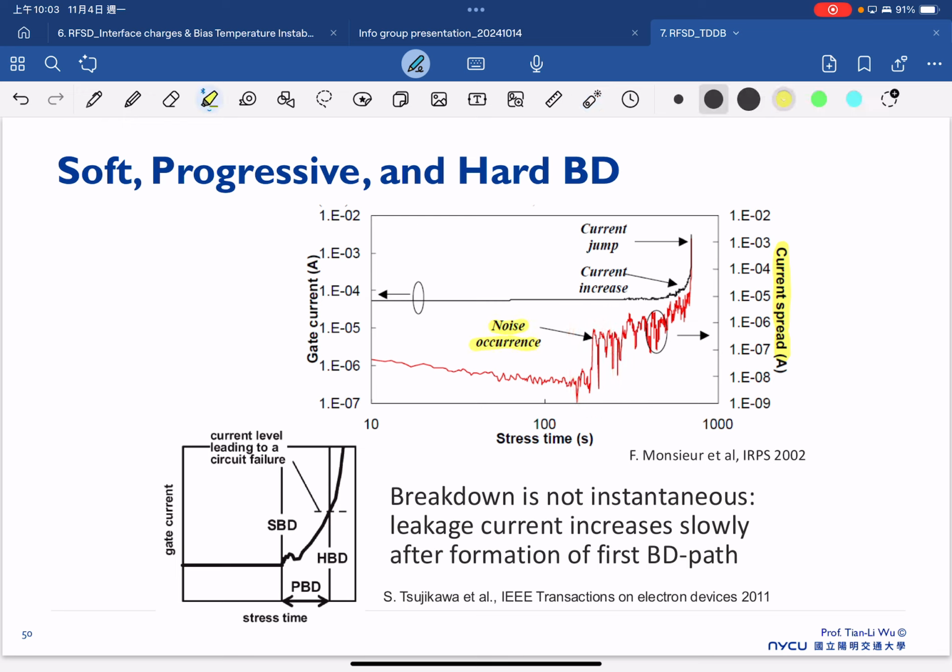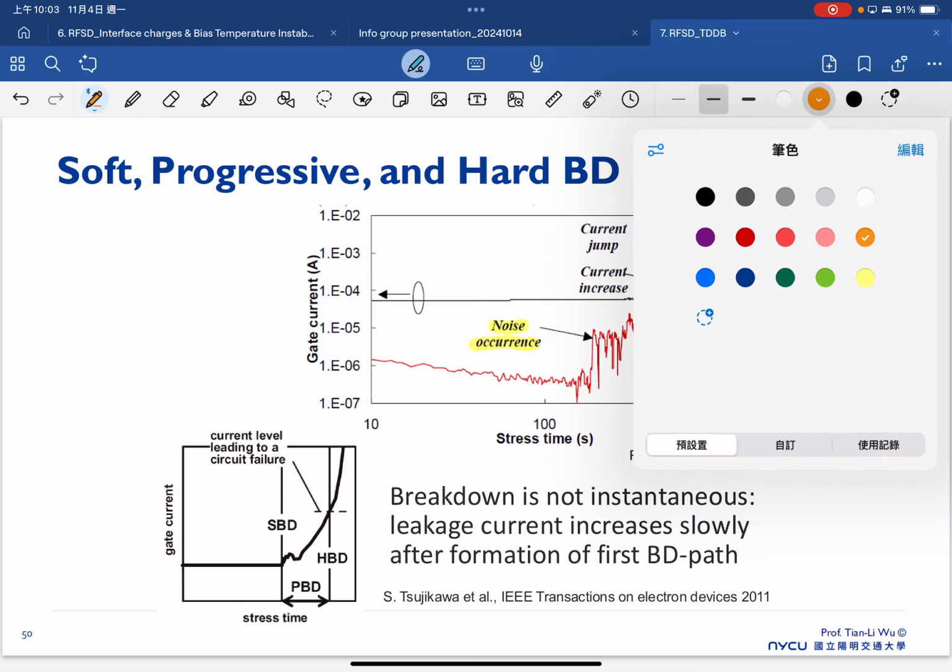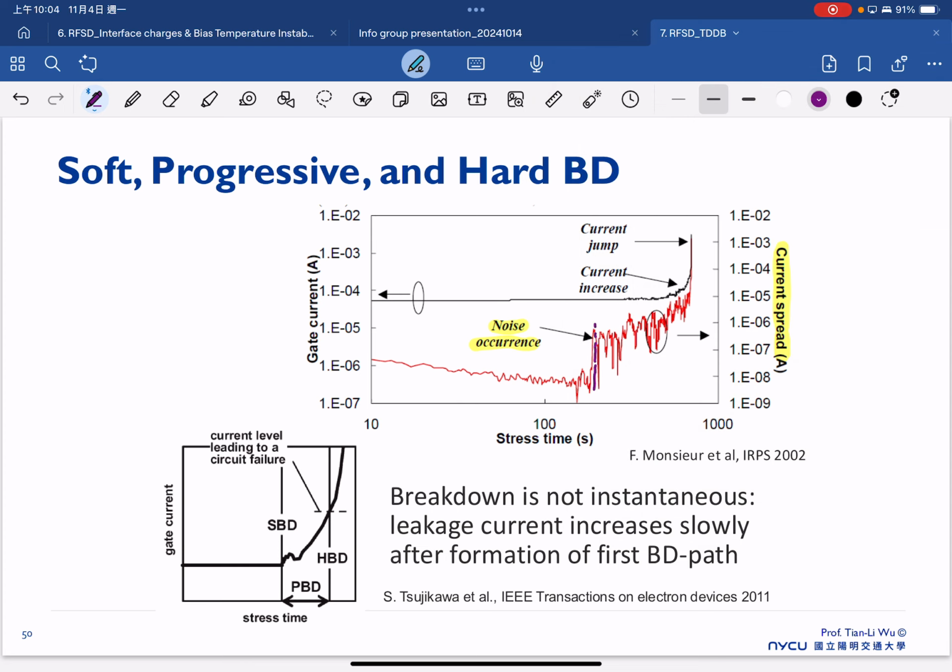Then not only does the noise increase, but the current spread also increases until it reaches the hard breakdown here. So based on this result, we can define this time as the soft breakdown.